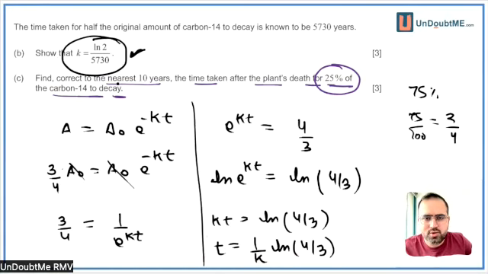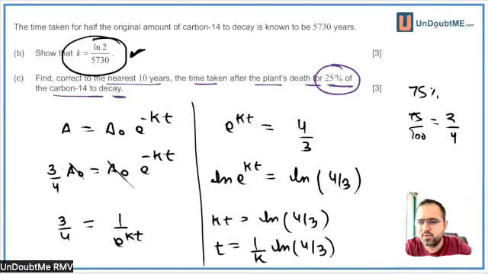Correct to 10 years. I'll not do the calculation from here. I want you to carry on with the calculation and tell me what you are getting. Basically, when you put the value of k, it is ln 2 over 5730, so 1 over k is 5730 over ln 2. So ln 4 by 3 divided by ln 2 times 5730 should give you the answer.